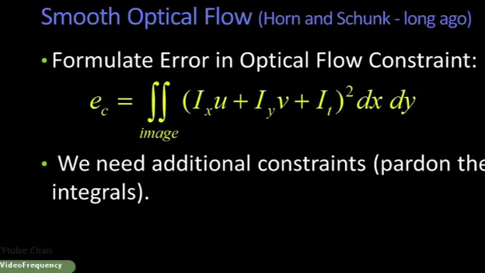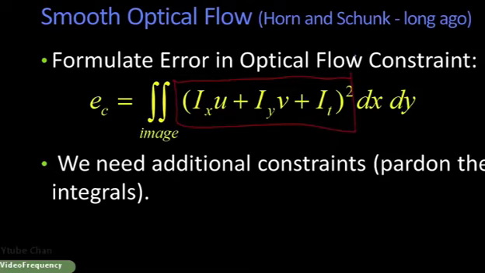Sometime long, long ago in a galaxy nearby, Berthold Horn and Brian Schunck did some work on what was called smooth optical flows. And basically they said, let's try to come up with an optical flow that minimizes some error. Okay? So the first part of the error is how much do we violate the brightness constancy constraint equation, right?